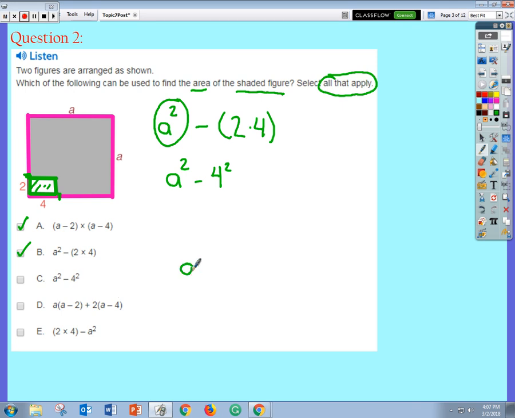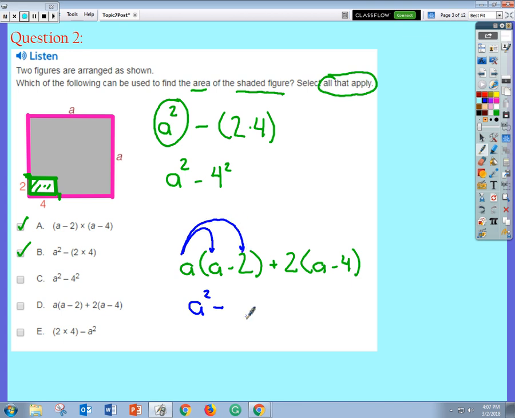Okay, we have this one. We have A times, open parenthesis, A minus 2 plus 2 times, open parentheses, A minus 4, close parentheses. Let's take a look at the distributive property here. We talked about A times A. When I did A times A here, it gave me A squared. So we have the same thing here. Minus, remember we're sharing that A with everything.